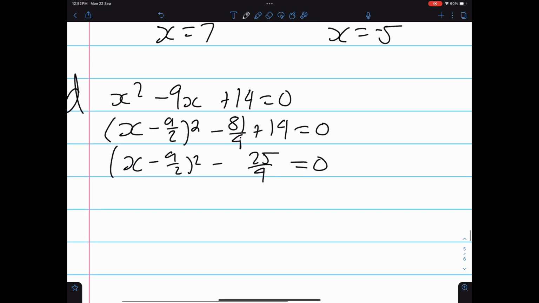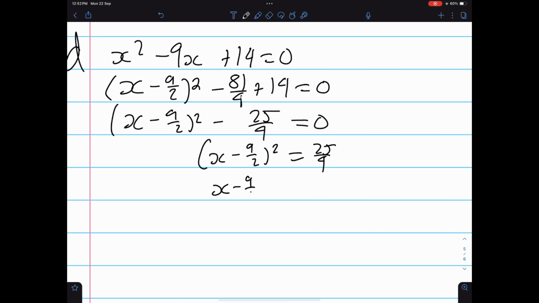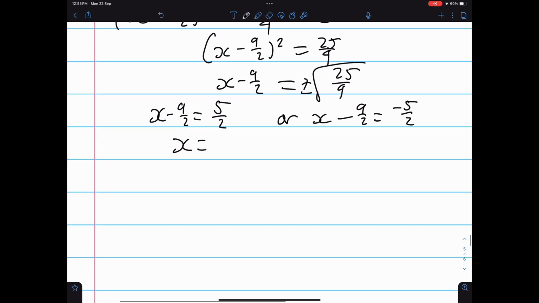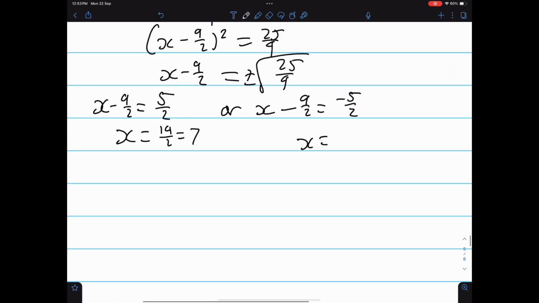So this means x minus 9 over 2 squared is equal to 25 over 4. x minus 9 over 2 will be the root of 25 over 4, plus or minus, remember. So that means x minus 9 over 2 is either equal to 5 over 2, or x minus 9 over 2 is equal to negative 5 over 2, in which case x will be 14 over 2, which is 7. Or x will be 4 over 2, which is 2.